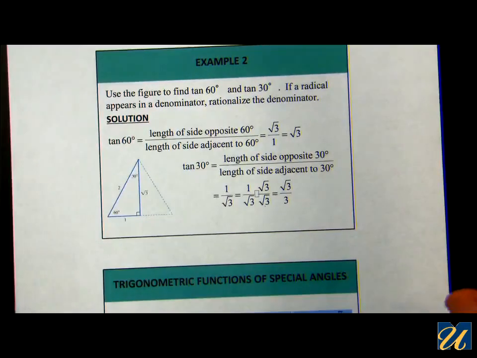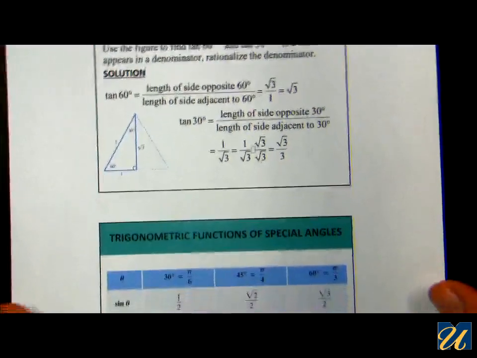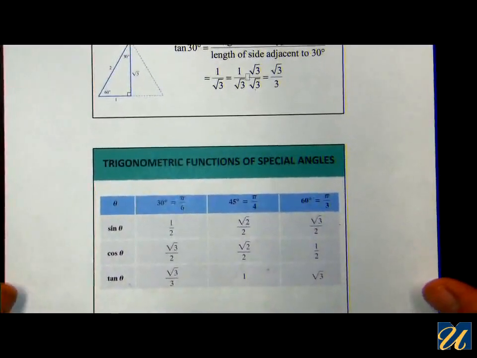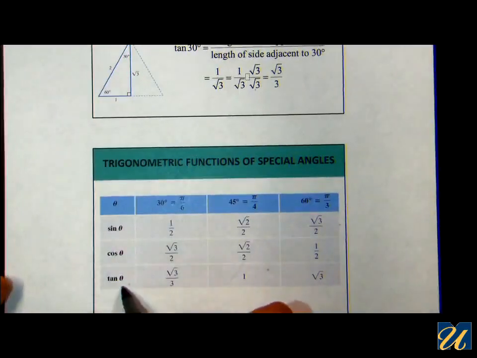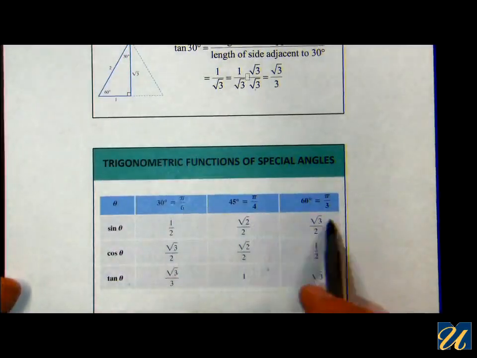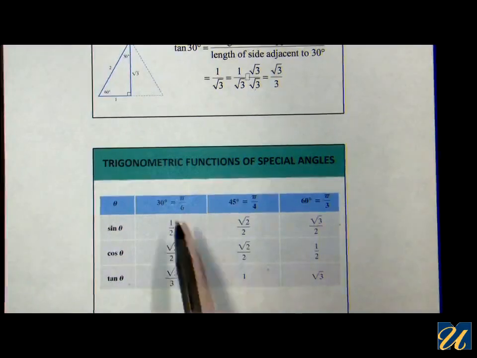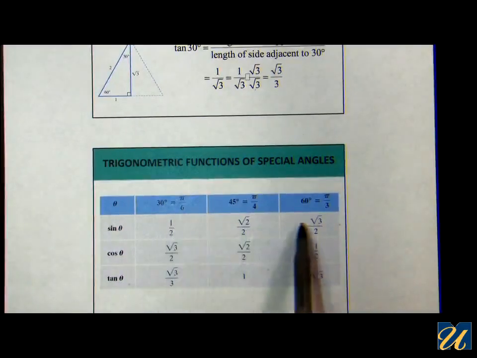Okay, we could evaluate all 6 trig functions for 45 degrees, 30 degrees, and 60 degrees. I encourage you to do that, and you will see why these values for sine, cosine, and tangent are what they are shown here to be. If you want the values of the cosecant, since the cosecant's the reciprocal, we simply flip over each of these, reciprocate, we'll have to rationalize, and we can get the cosecant.